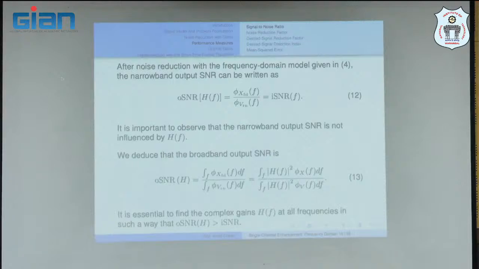But if I keep the high SNR, so H, the gain, is high when the narrowband SNR is high, and H is low, the gain is low, when the input narrowband SNR is low, I will get higher broadband output SNR. Okay, because I take the integral.